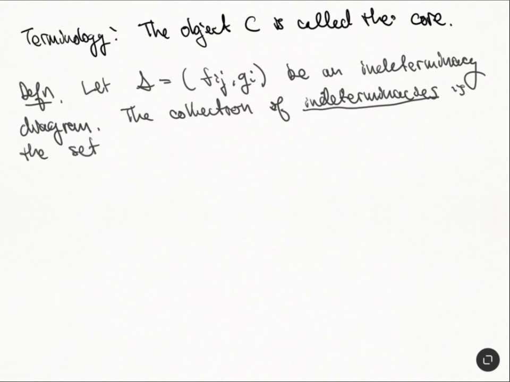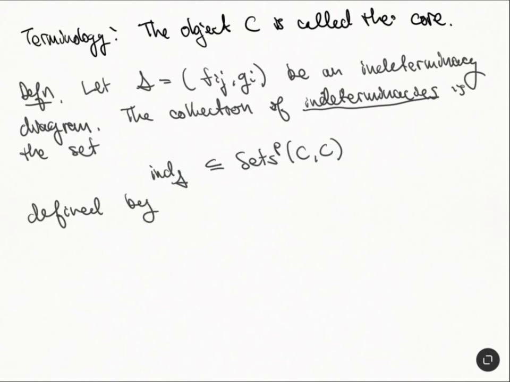So this is the set of indeterminacies associated to the indeterminacy diagram, Ind S. It's going to be a partially defined map of sets from the core to the core, defined by the following.